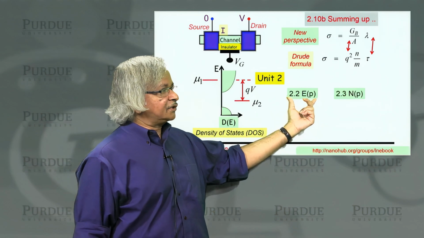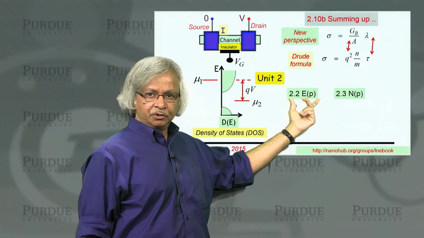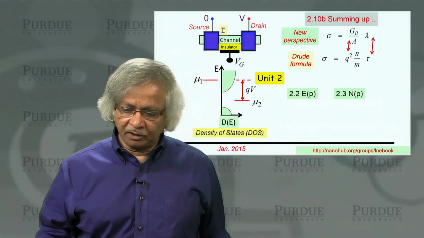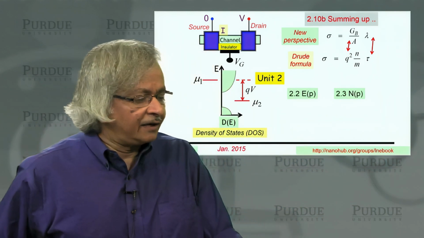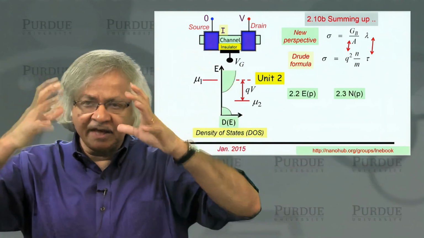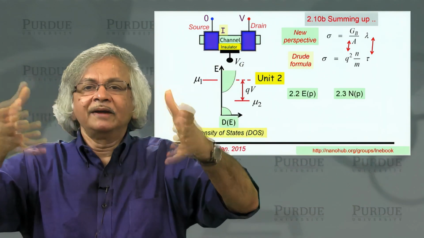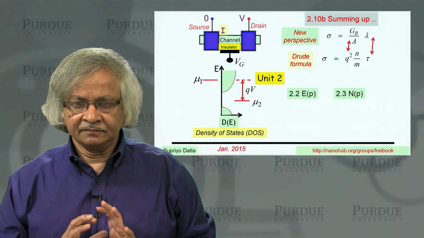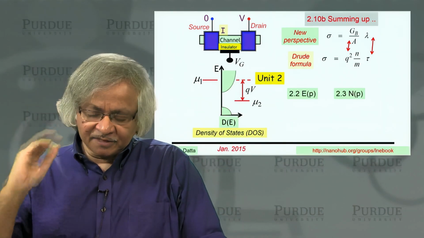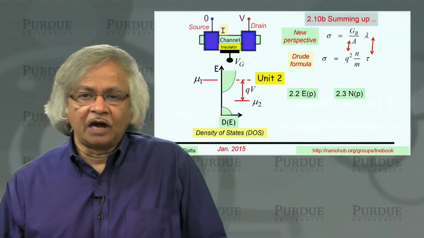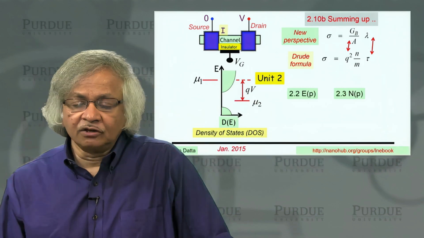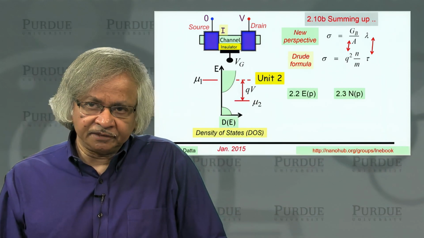Now, so that's what we introduced in lecture 2. And then we had lecture 3, where we introduced another important concept, and that is this N of P, which tells you how many states are available whose momentum is less than P. And there is a specific method, a specific scheme that people use to count states. That is, how many states are available, using what's called this periodic boundary condition.